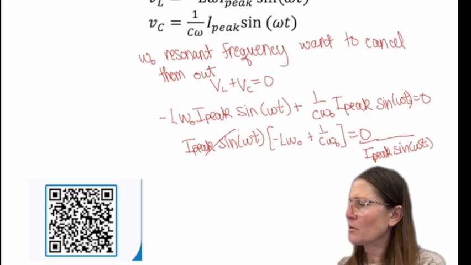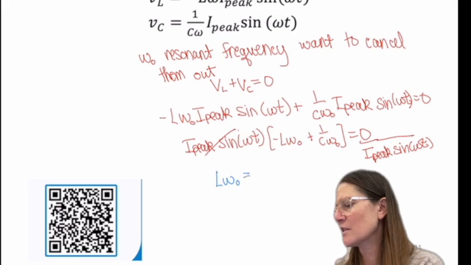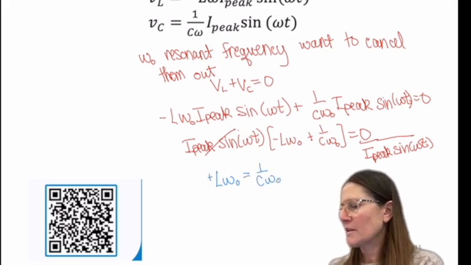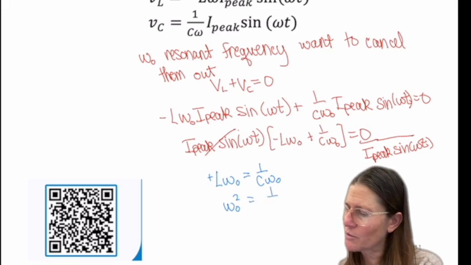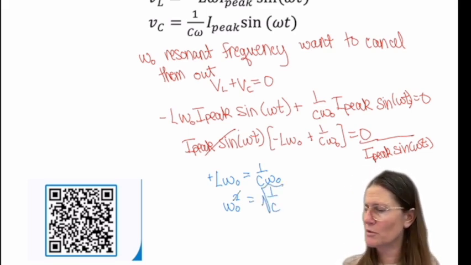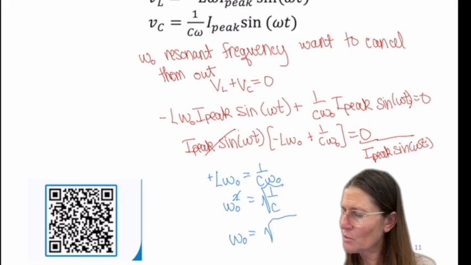And so moving one of these to the other side, this would become positive, and then we would have omega naught squared is equal to 1 over LC. And to get rid of the squared, we can take a square root. So omega naught is equal to the square root of 1 over LC.